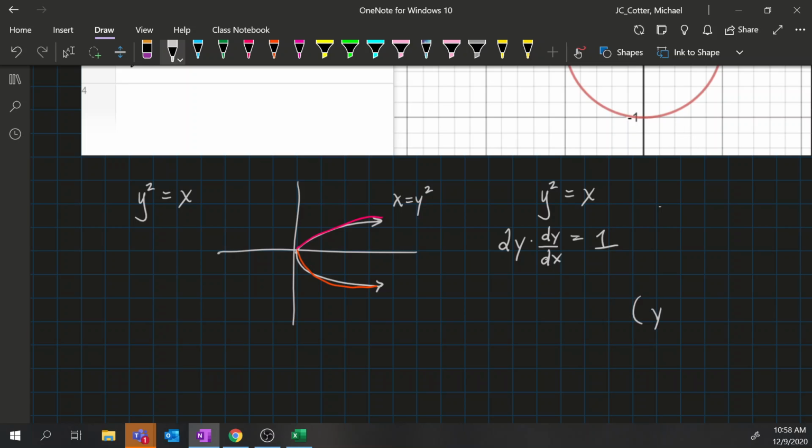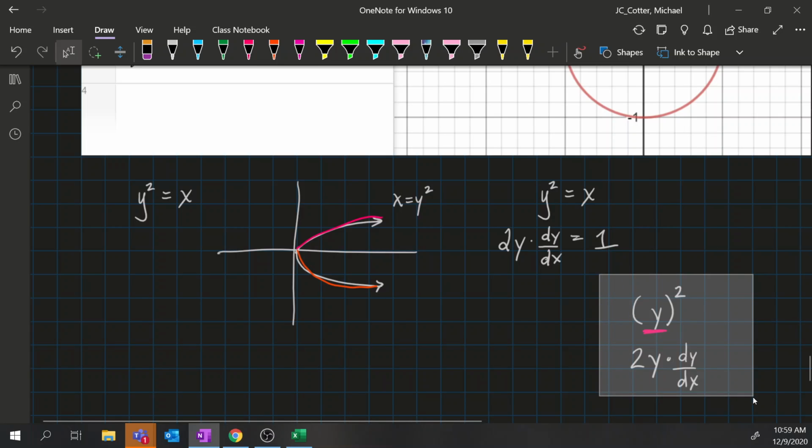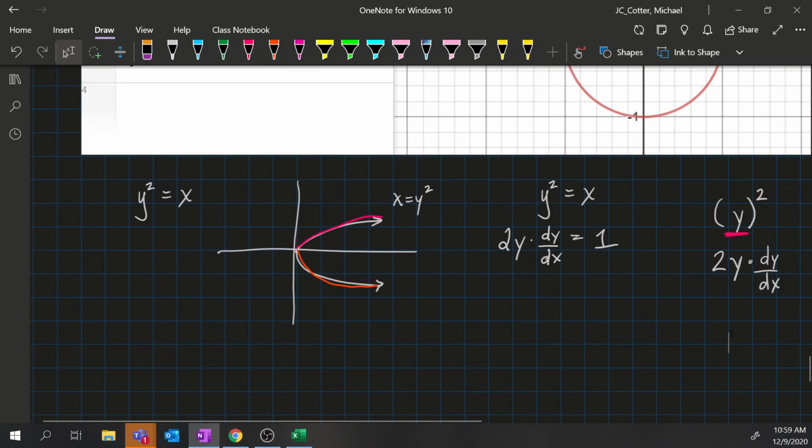So another way to think of this is we have y squared, right? So we do a power rule on it, 2y, and then we have to take the derivative of what's inside, which is dy dx. So that's how we got that, okay? So I'm just going to put that off to the side.